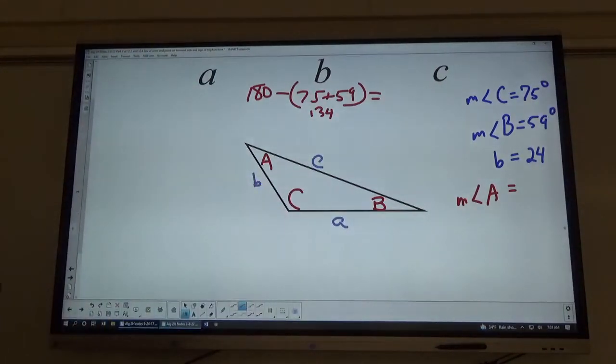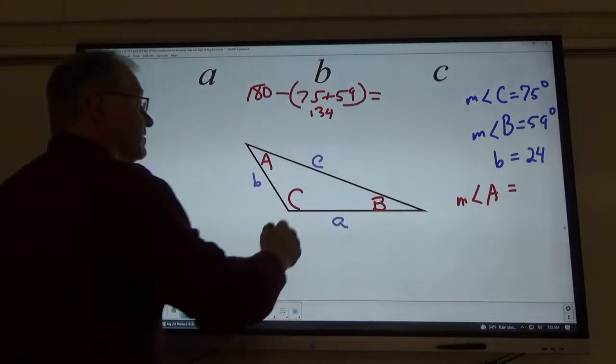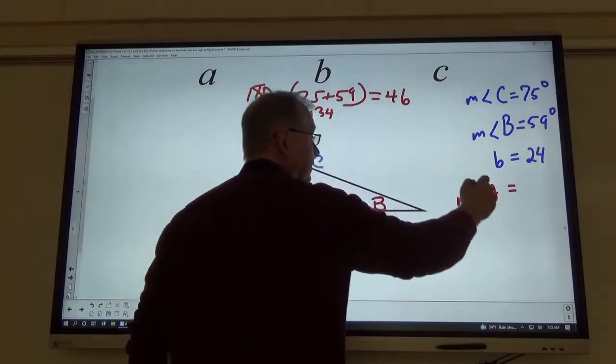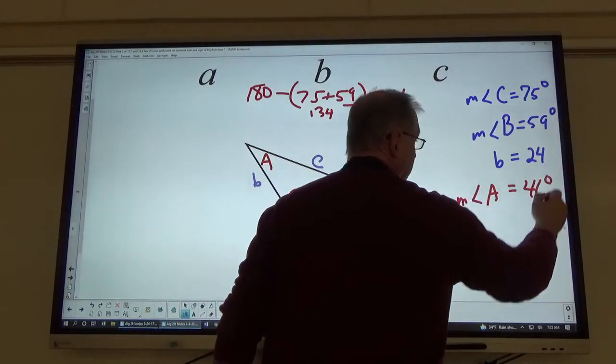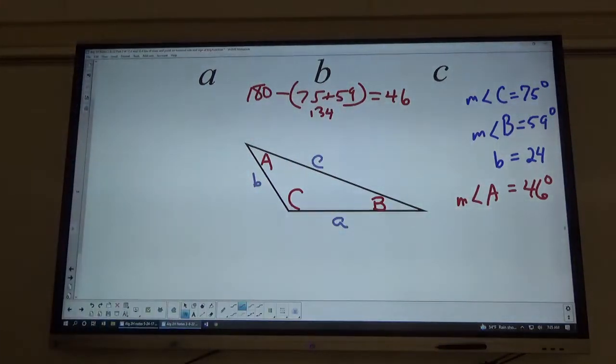Subtracted from 180, 46 degrees. And that's how you find the missing angle if you're given two angles of a triangle.